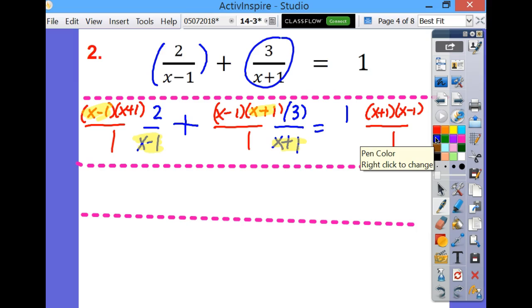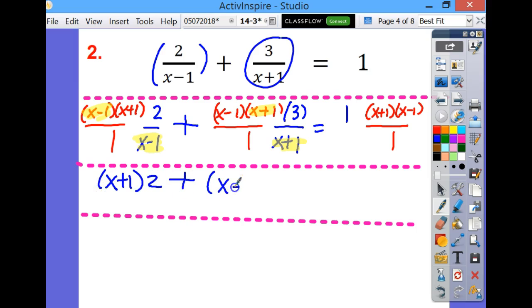But what's left? X plus 1 times 2 is left. X minus 1 times 3 is left. And 1 times x plus 1, x minus 1. That's what's left after everything is canceled out.